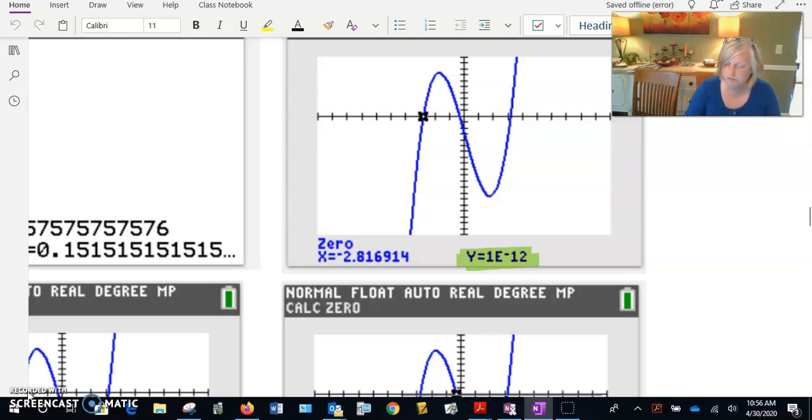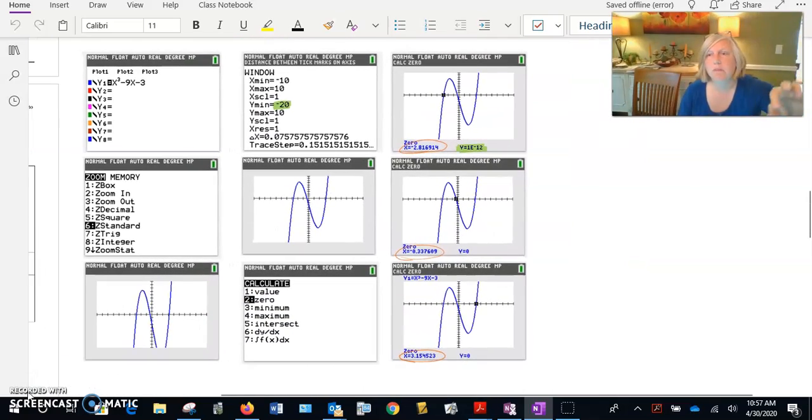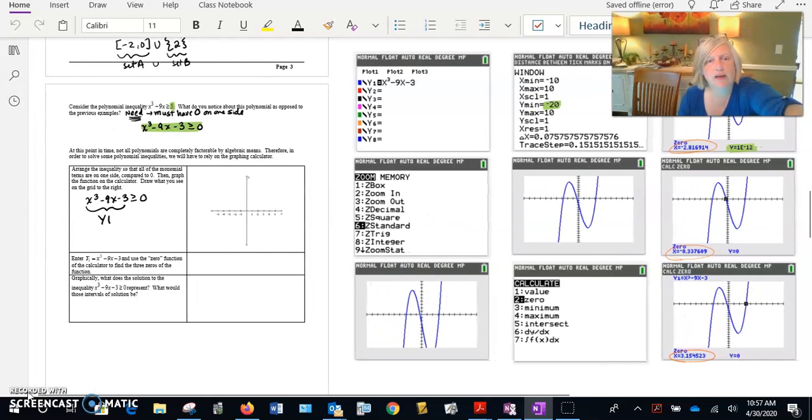But the important numbers are going to be the values that are here, the value you found here, and the value that you found here. How do I get from one to the other? Basically, all you're looking at is to move your cursor when you do your guess close to the one that you want to find. All right, so I just wanted to show that to you over here.